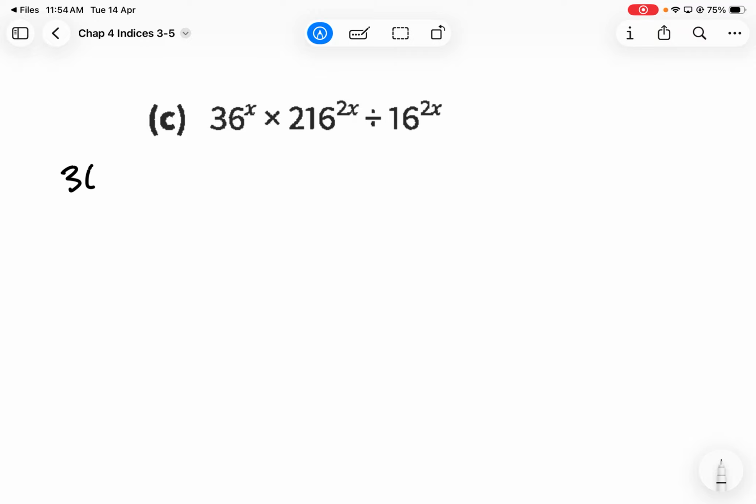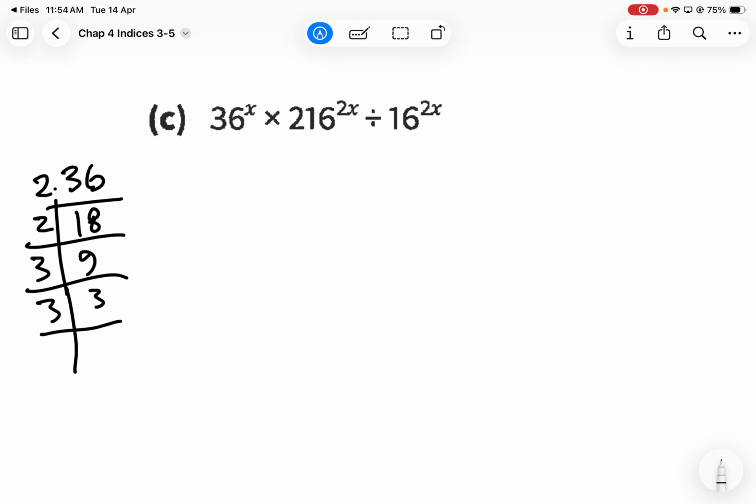So 36, if I want to do prime factorization, it will become 2, 2, 3, 3. Okay? So instead of 36, I will write 36 as 2 square, 3 square to the power of x.